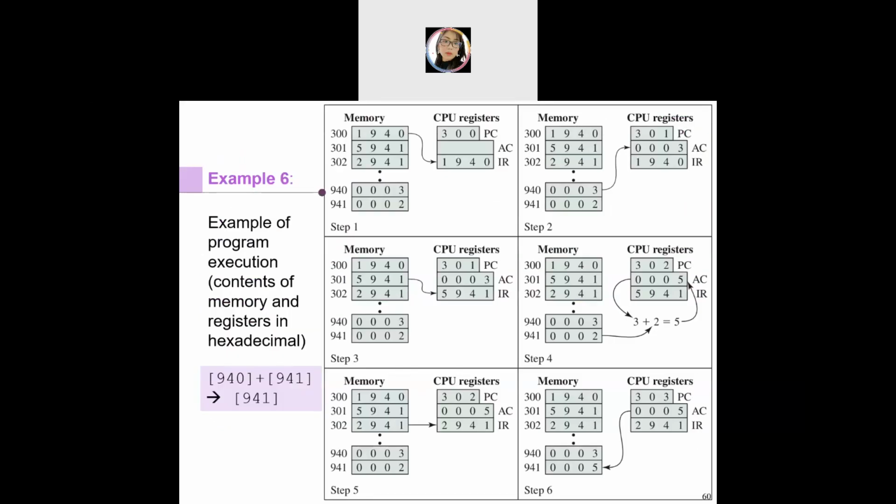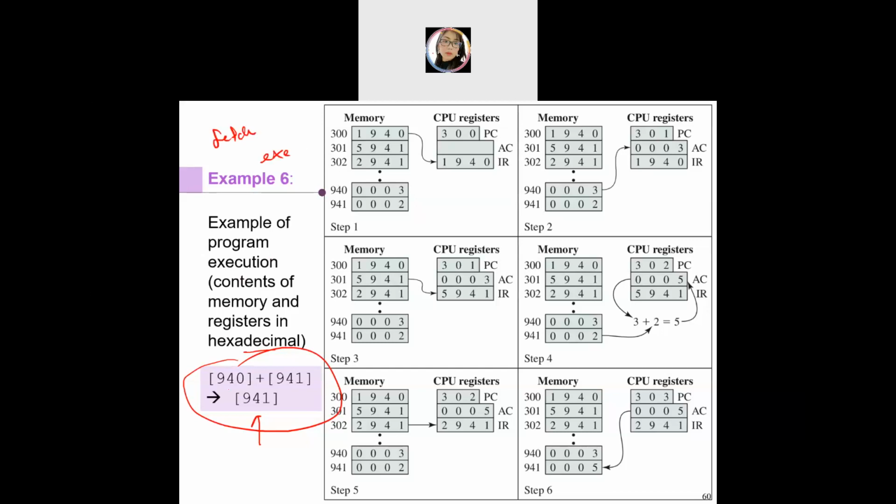So let's see example 6 here, an example of program execution, which shows the content of memory and registers in hexadecimal. You are given the program execution; you have already fetched, so you are done with the fetch cycle. Now you want to execute.